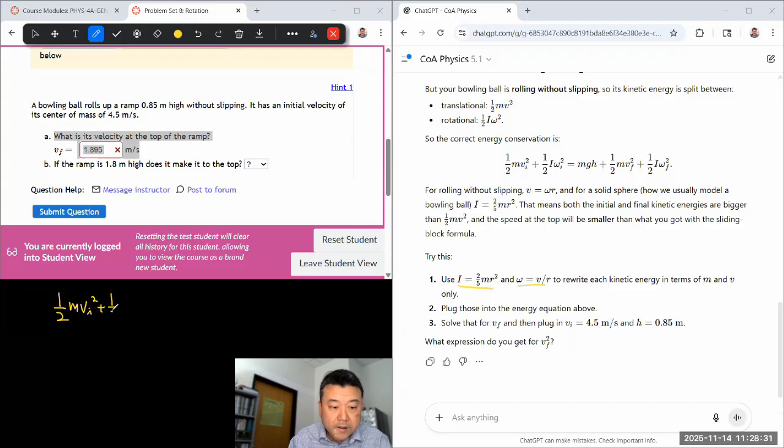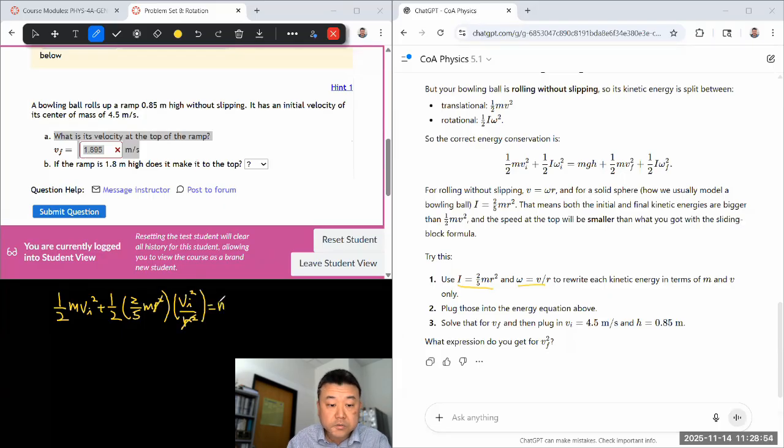Plus 1/2, now I will become 2/5 m r squared, and r will cancel out. You don't need the radius of the ball. Omega I will be v initial squared, I'm gonna do the square now, divided by r squared, and as I was saying, r will cancel out.